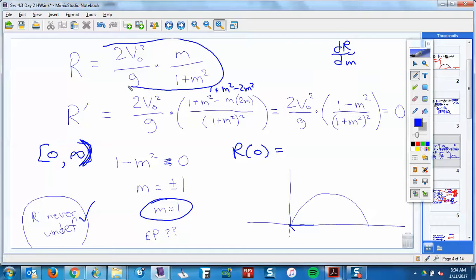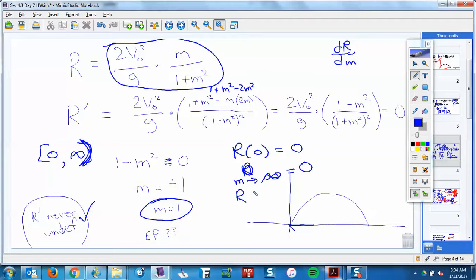So I come up here to r and I put in 0. Sure enough, just 0. Now as m goes to infinity, what's happened to this? This is going to 0 because the bottom's getting really big, so that equals 0.